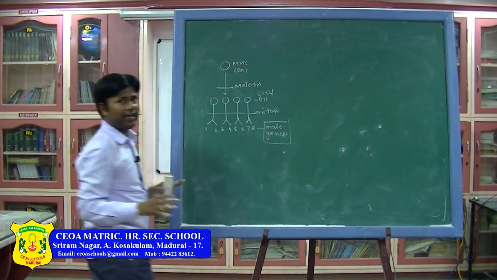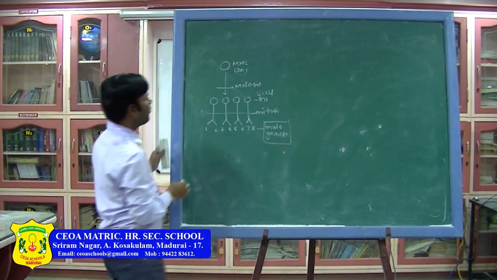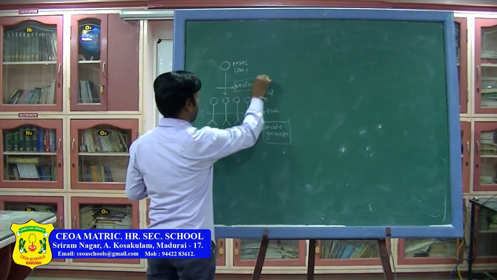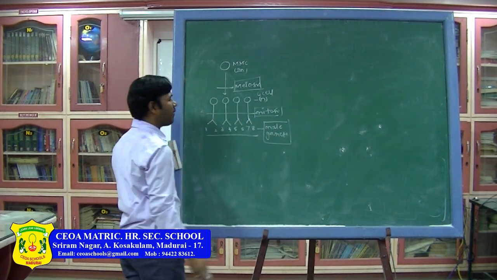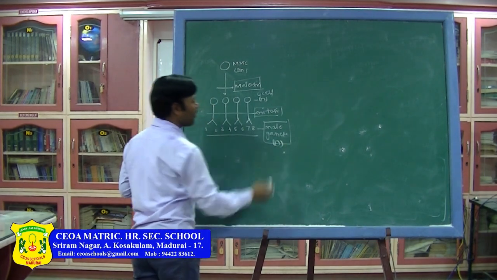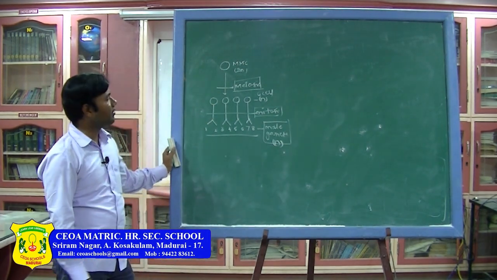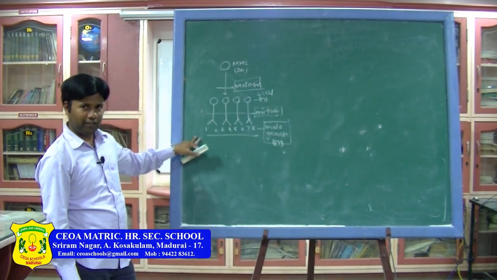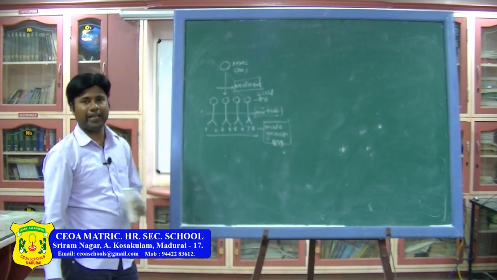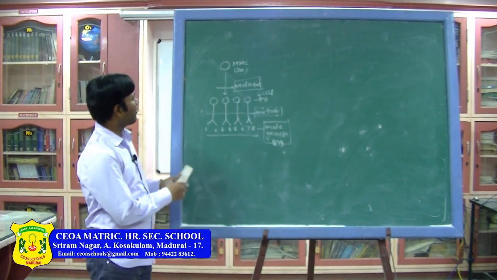This is the central idea of the development: 1 meiosis and the mitosis. Then how many haploid cells are forming? 8 male gametes are forming. Of course, where they are involved will be learnt in further classes. This is a central concept.